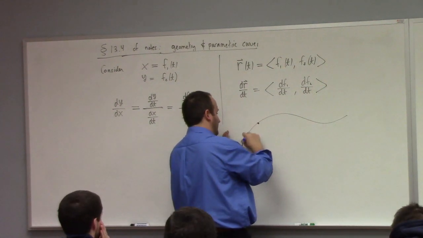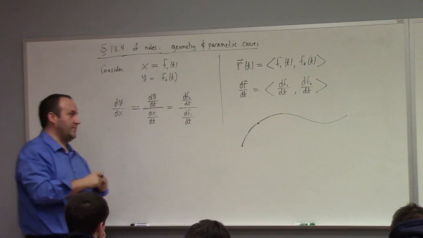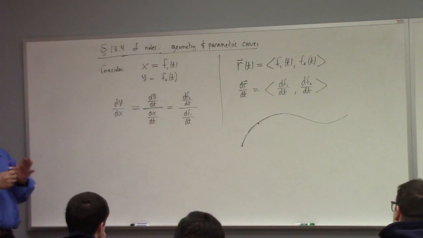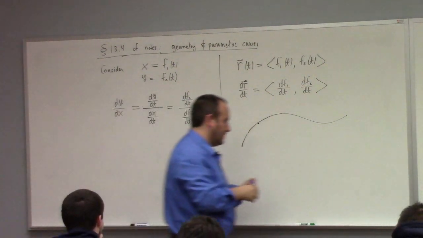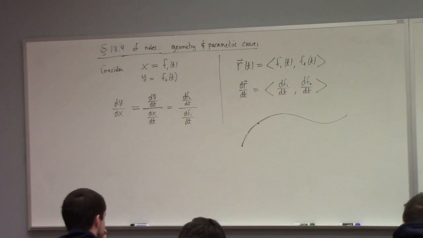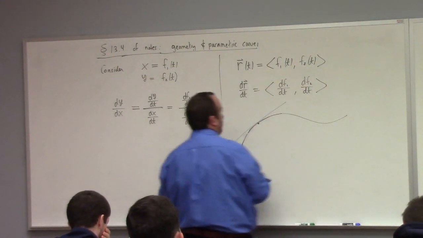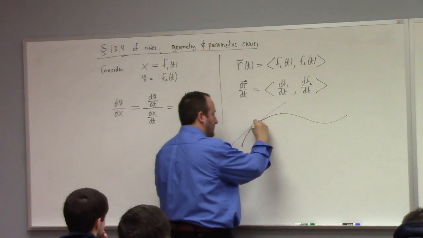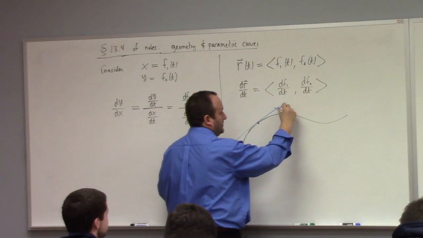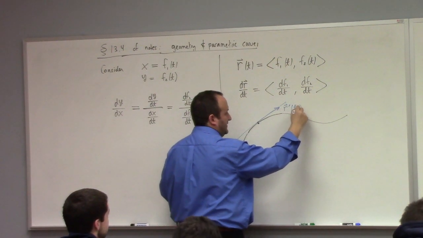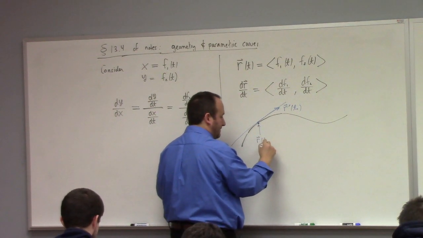Take a point on the curve. The velocity vector, what's it look like? It points along the tangent line, right? So if I was to picture that, this is the r prime of, let's say, t naught, supposing that this point here is at r of t naught.